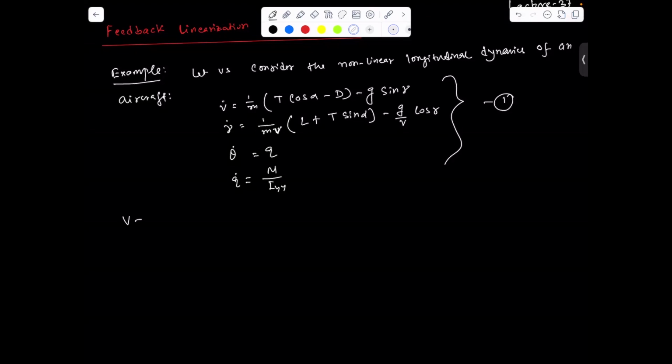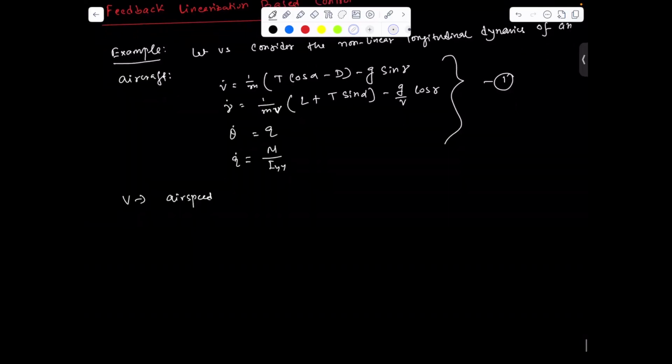So here v is the airspeed, and gamma is the flight path angle, which is basically gamma equal to theta minus alpha.